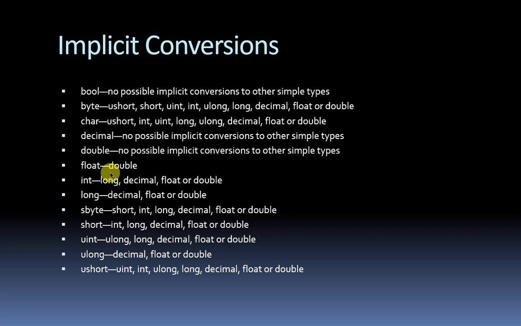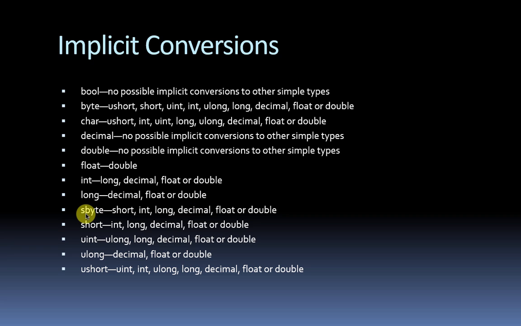Again, because of that, you can only go from the smaller type float to the larger type double. Integers can be converted to longs, decimals, floats, or doubles. Longs can only be converted, on the other hand, to decimals, floats, or doubles, and that's because, again, there's not a loss of information there when you go from long to those other types.